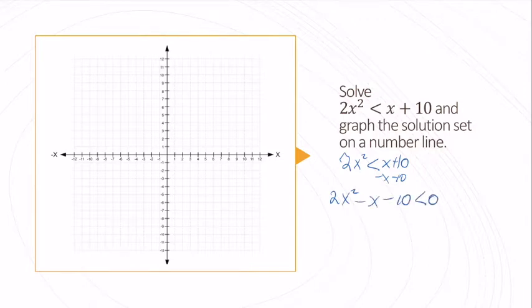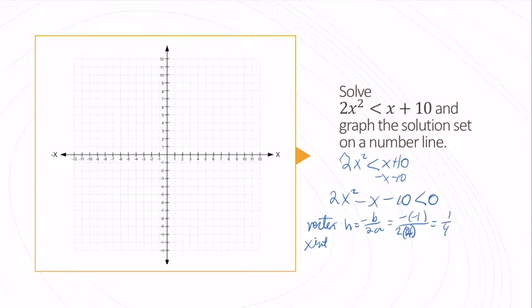Now I need to find my vertex, and it's always a good idea to find my x-intercepts. So in order to find my vertex, I know that h equals -b over 2a. So that's -1 divided by 2 times 2, which is 4. So I have a positive 1/4.